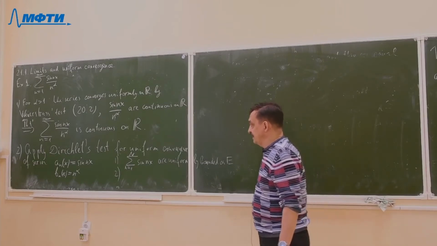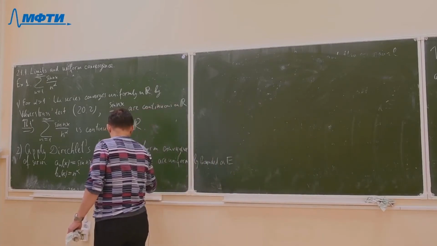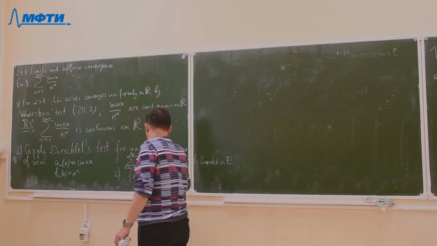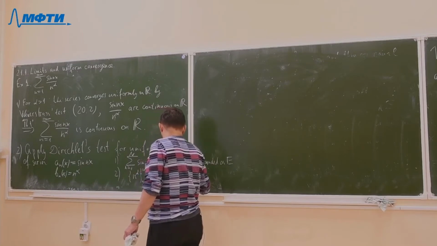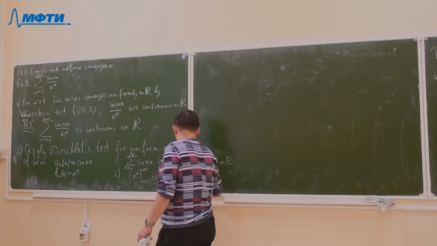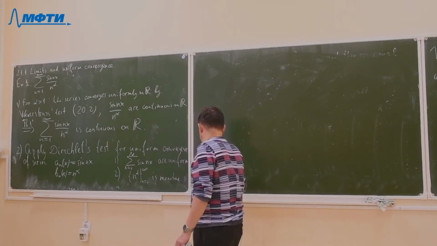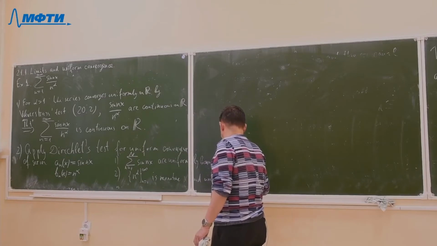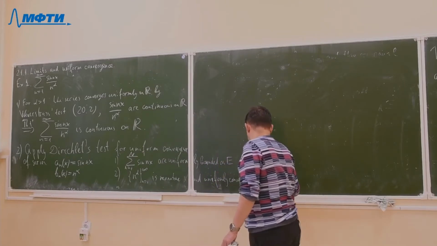And the second is that the sequence n power minus alpha is monotone and uniformly converges to 0 on E.